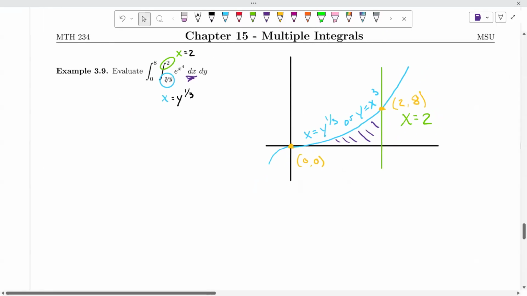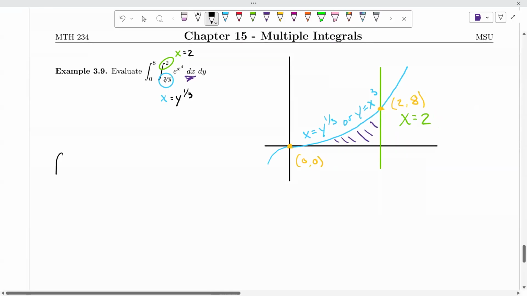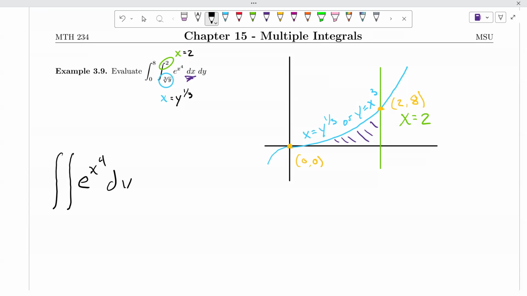So if I reverse that order, I want to do dy first, e to the x to the 4, dy, and then dx. Y looks like it's bounded below by the x-axis, which is y equals 0, and above by the blue line, x cubed.